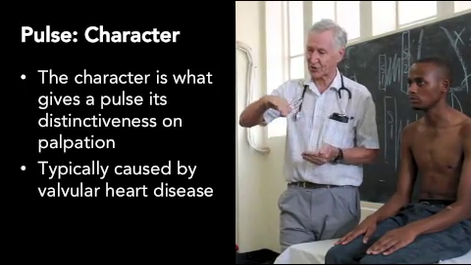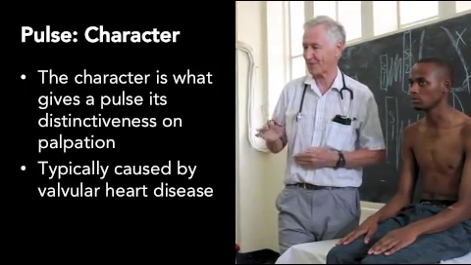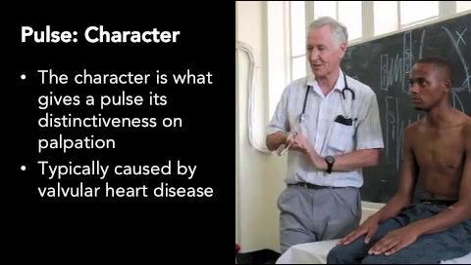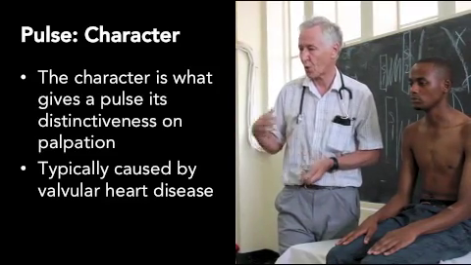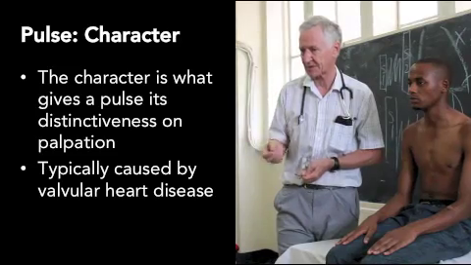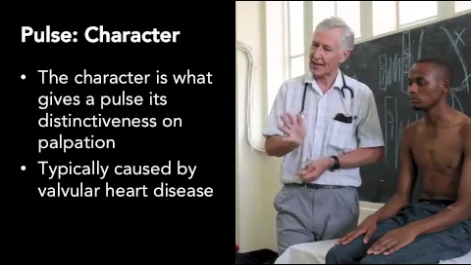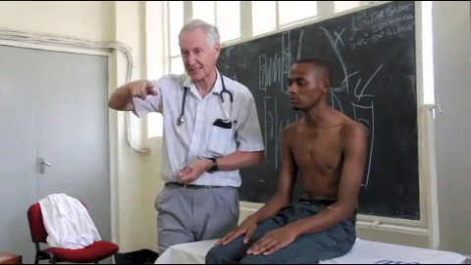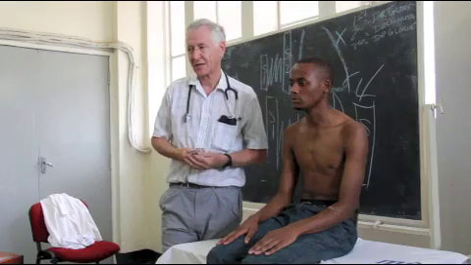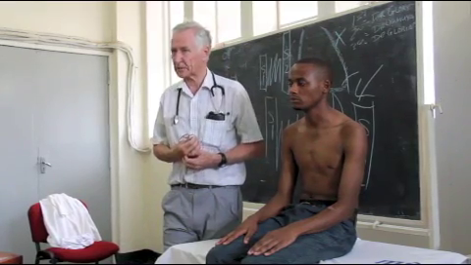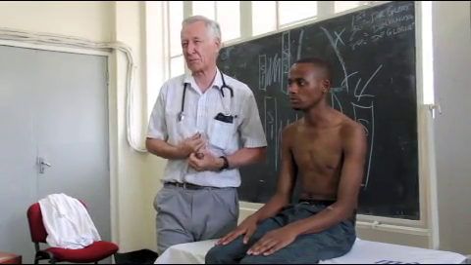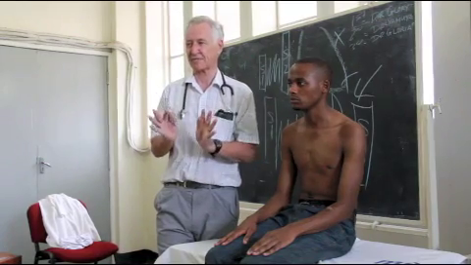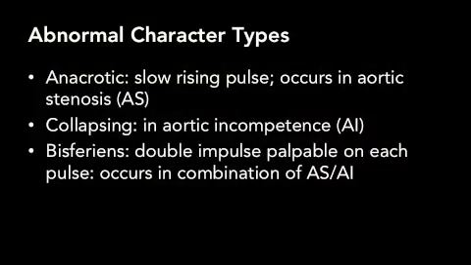Number one, an anacrotic or slow rising pulse. That occurs in aortic stenosis. Number two, a collapsing or water hammer pulse or Corrigan's pulse that occurs in aortic incompetence. And number three, the combination of both, pulsus bisferiens, where you feel a slightly double impulse. There are other characteristic pulses, but I think that is sufficient for today.